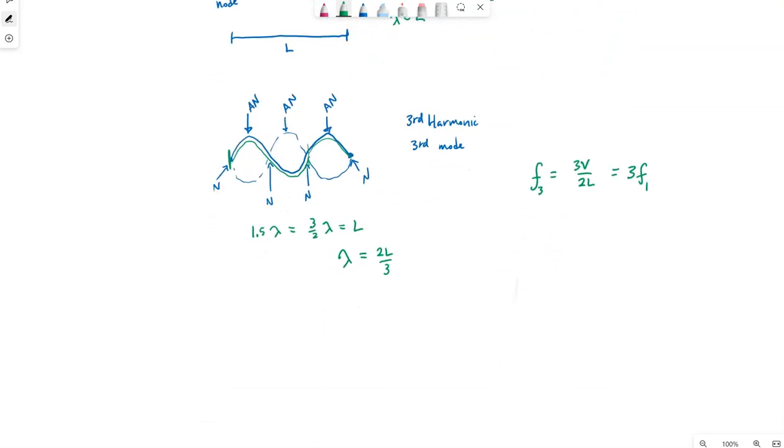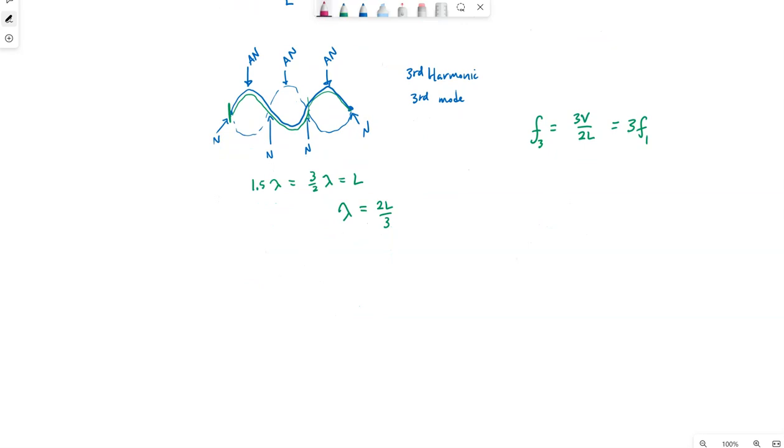So we end up with a couple generic equations for these standing waves. This is specifically the standing waves for the string, or for any situation where you have a node at both ends.